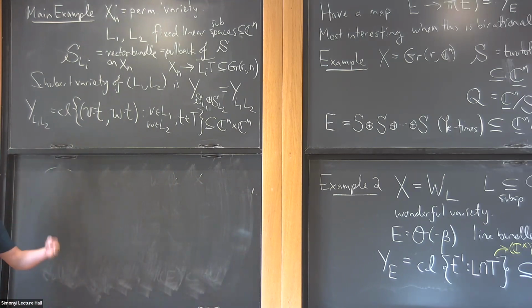Why is this a Schubert variety of a pair of linear spaces? How does this contrast to the Schubert variety of a single linear space?